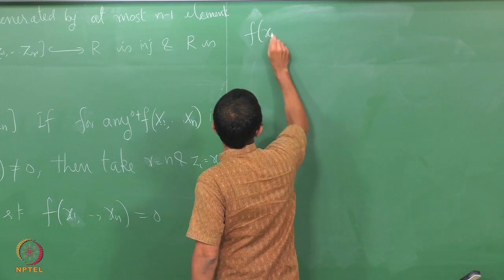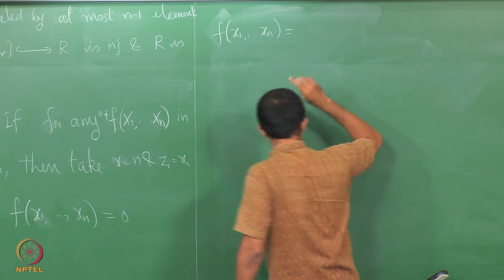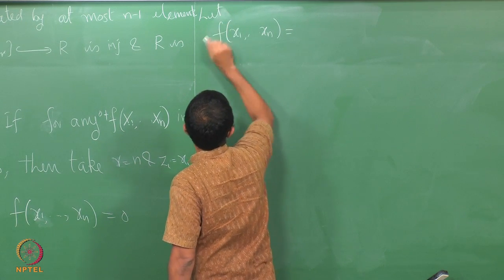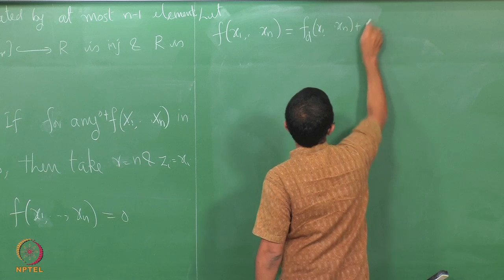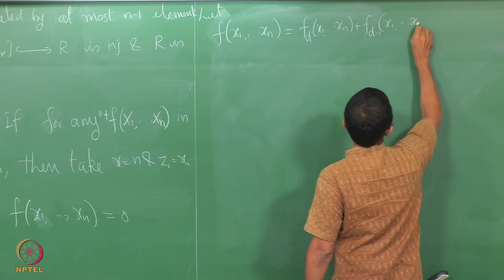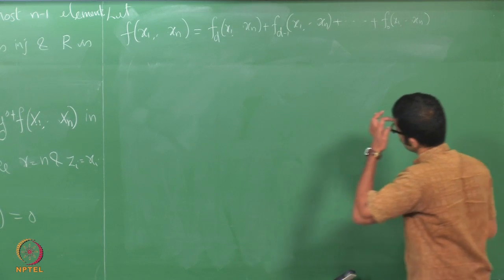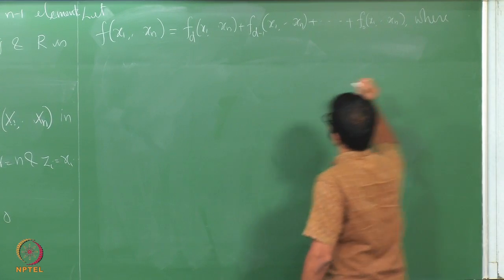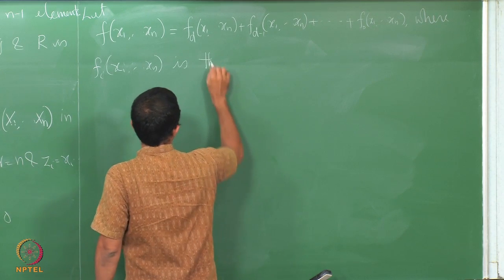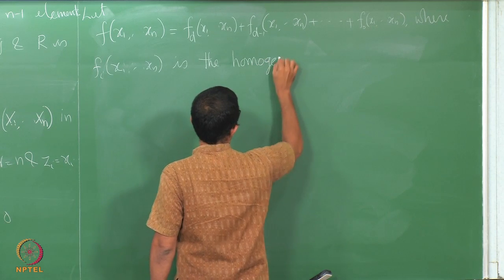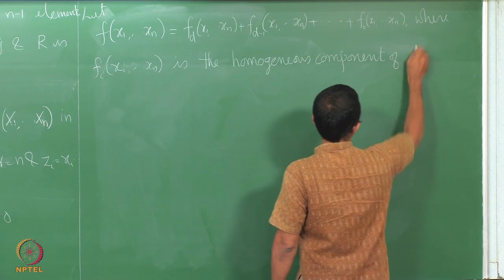Let us write f(x1, ..., xn) as a polynomial, f = f_d + ... where f_i is the homogeneous component of degree i.